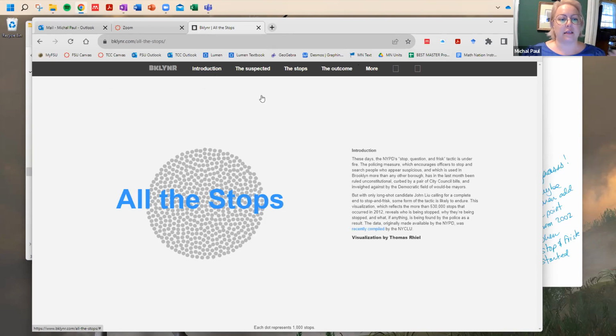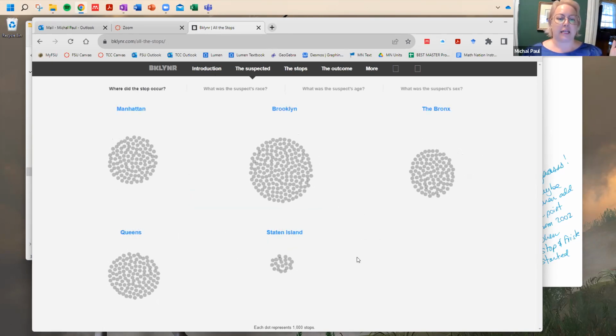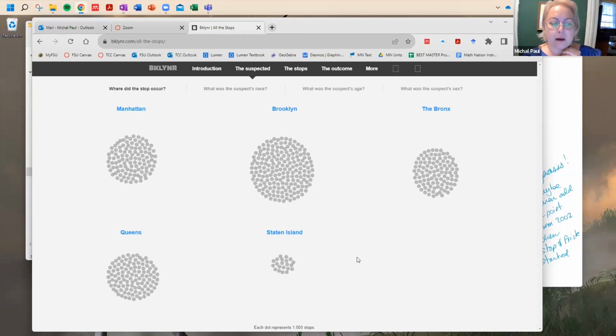The first question is where in Brooklyn did the stops occur? Brooklyn has a variety of boroughs, which are like neighborhoods. These are the 5 boroughs that make up New York City: Manhattan, Brooklyn, the Bronx, Queens, and Staten Island.